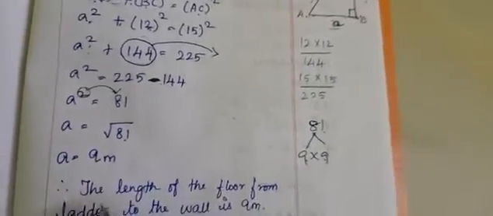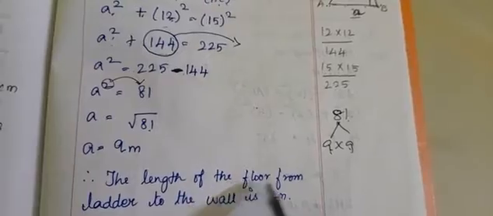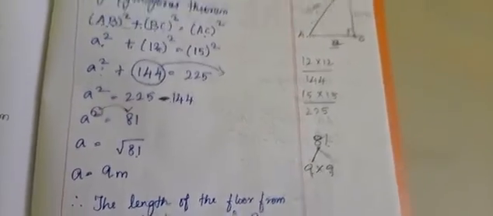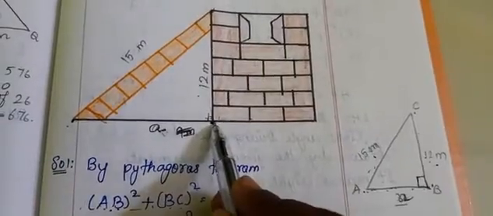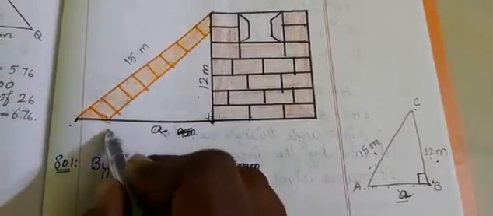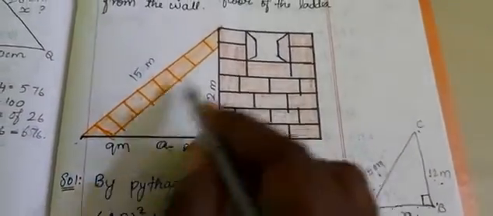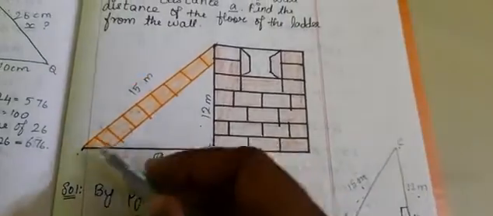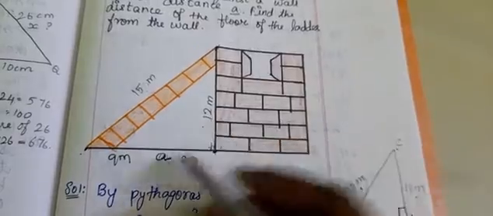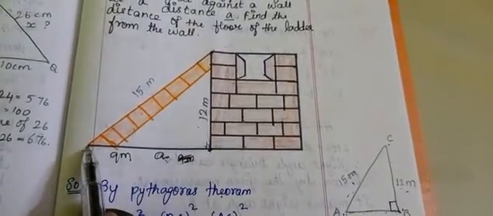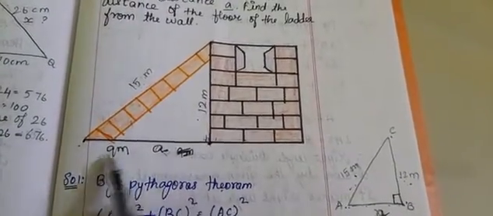So from that we come to know the length from the foot of the ladder to the wall is 9 meter. So the length of the ladder is 15 meter, the height of the wall is 12 meter and the distance between the ladder and the wall is 9 meter.